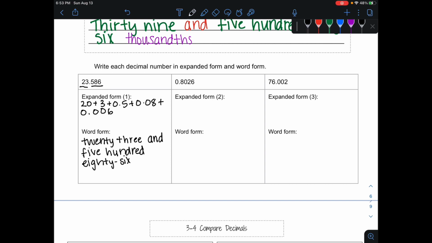So since this is in the thousandths place, we would write thousandths. All right, and the way I remember, okay, just like that.